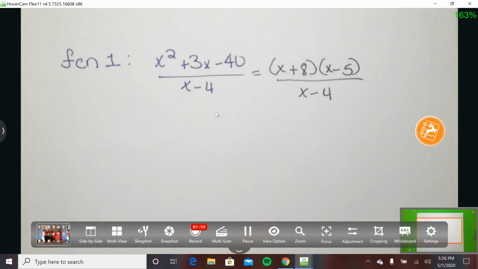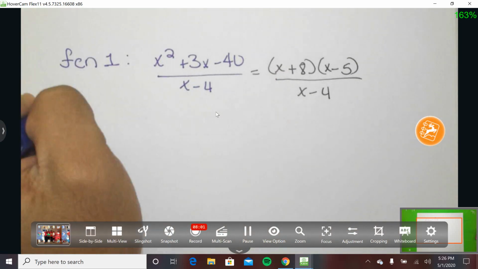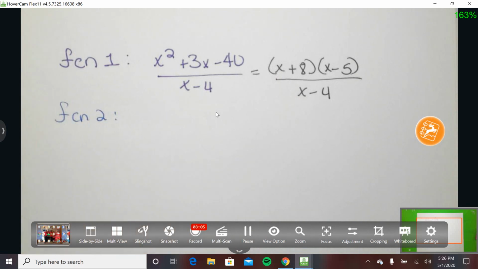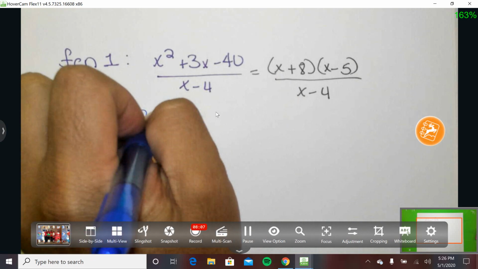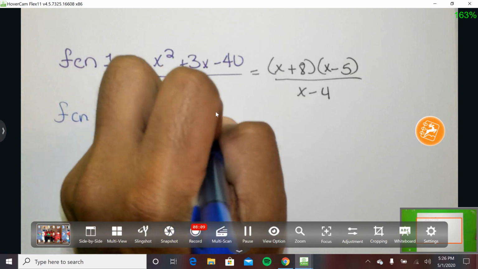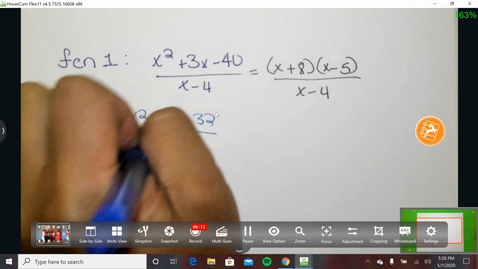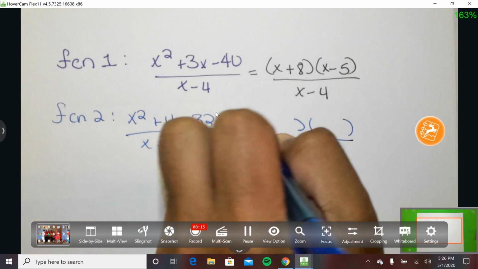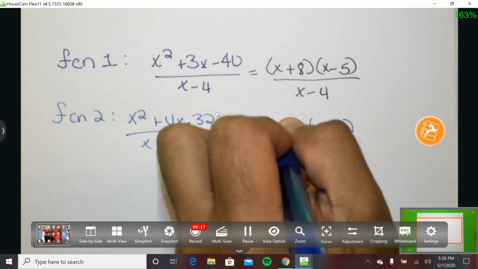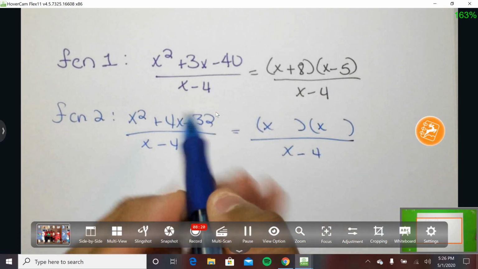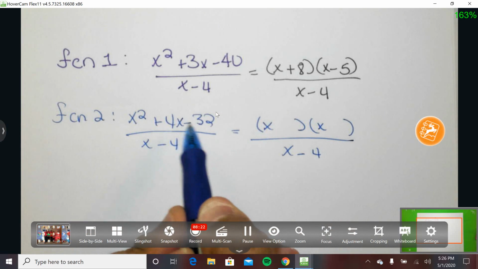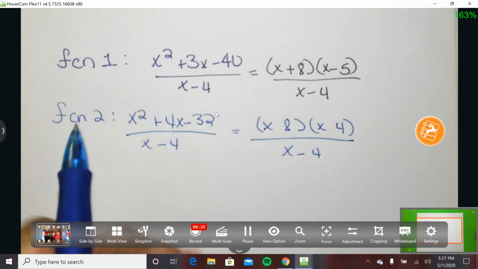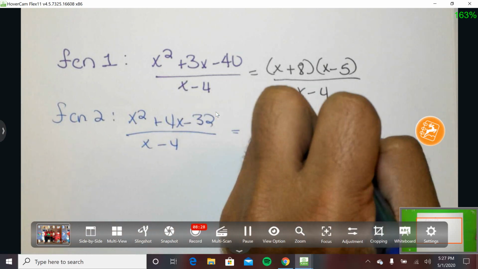There you go. The next one, function 2. x squared plus 4x minus 32 over x minus 4. So you have x and x again here, two numbers that multiply to get you 32 but add up to be 4, and that's 8 and 4, and you want a positive 4, so that happens with a positive 8 and a minus 4.